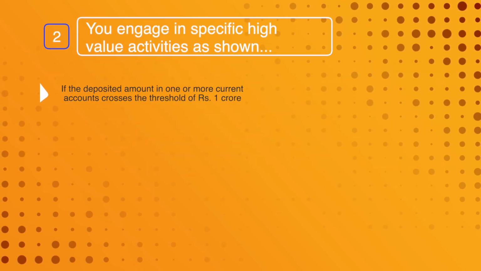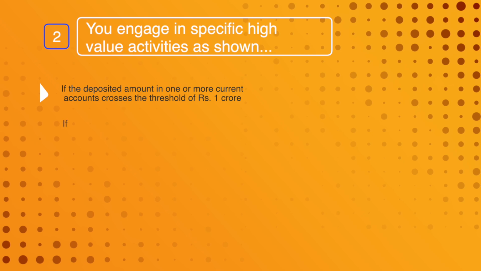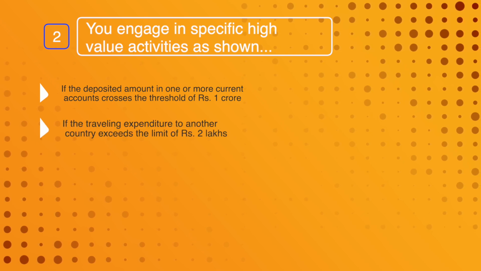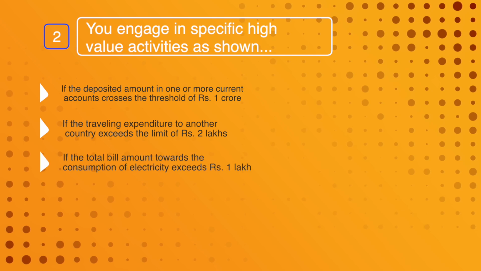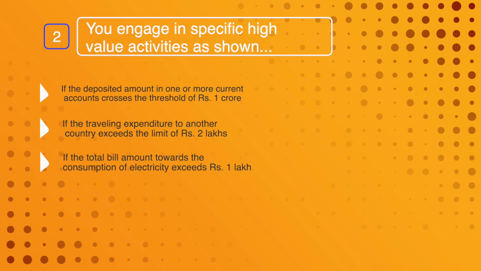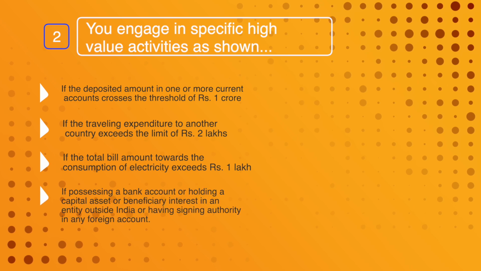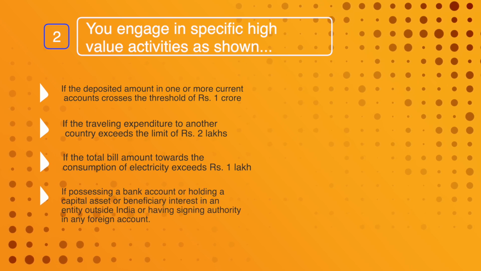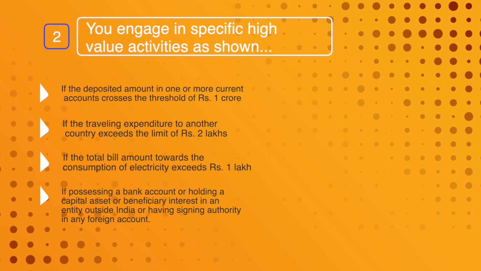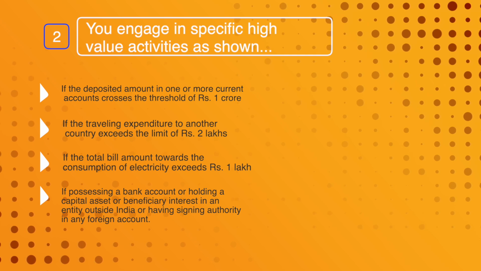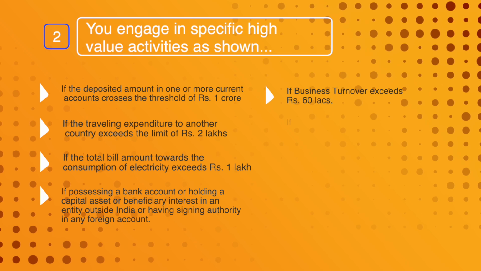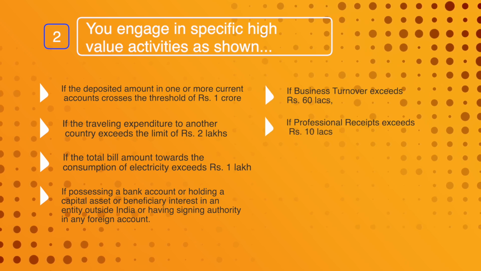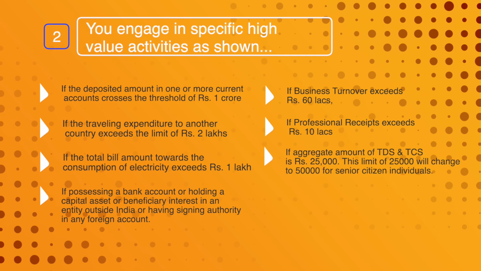if the deposited amount in one or more current accounts crosses the threshold of Rs 1 crore, if the travelling expenditure to another country exceeds the limit of Rs 2 lakhs, if the total bill amount towards the consumption of electricity exceeds Rs 1 lakh, if possessing a bank account or holding a capital asset or beneficiary interest in an entity outside India or having signing authority in any foreign account, if business turnover exceeds Rs 60 lakhs, if professional receipts exceed Rs 10 lakhs, if the aggregate amount of TDS and TCS is Rs 25,000.